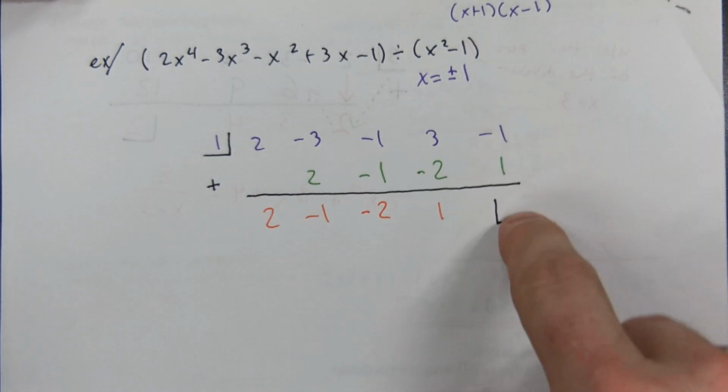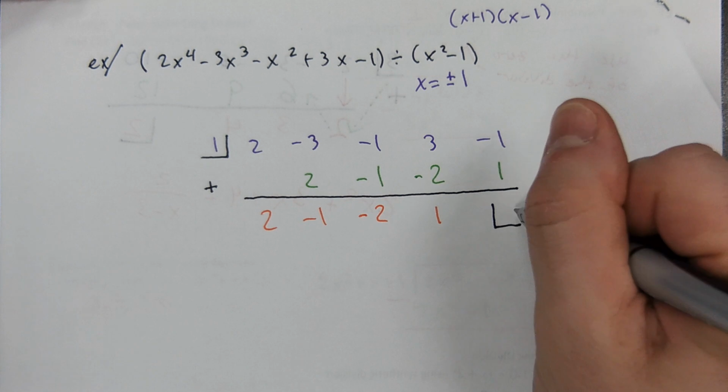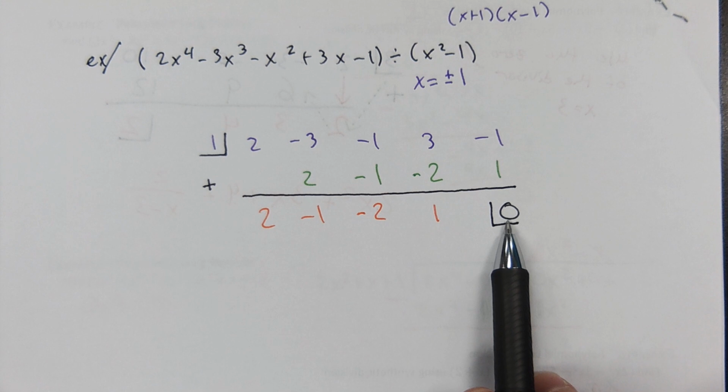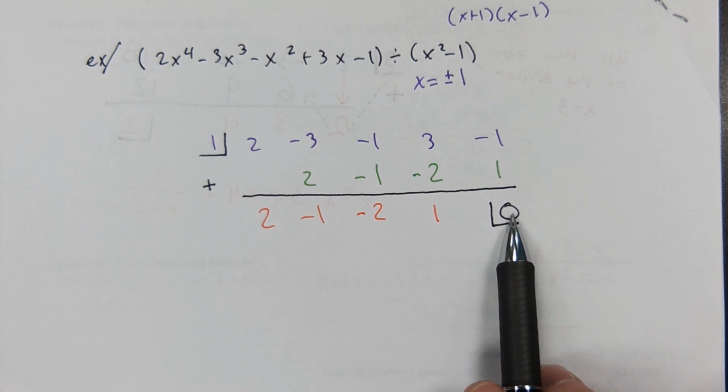And when I add straight down right there, something unique is going to allow me to keep working. I can only continue to move forward because I got a 0 here. If I had not gotten a 0 here, you would not be able to do what I'm about to do. Okay?